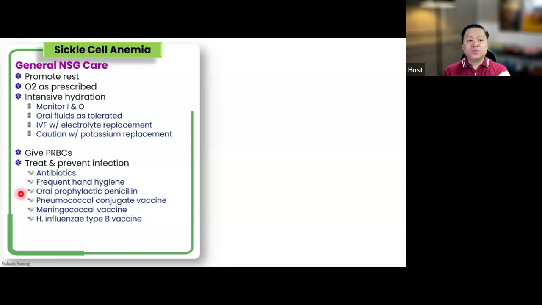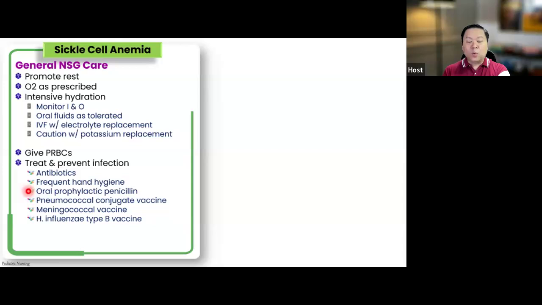Now, we can also administer oral prophylactic penicillin as ordered, and there is a possibility that we can administer to the patient the pneumococcal conjugate vaccine, the meningococcal vaccine, or the Haemophilus influenzae type B vaccine.